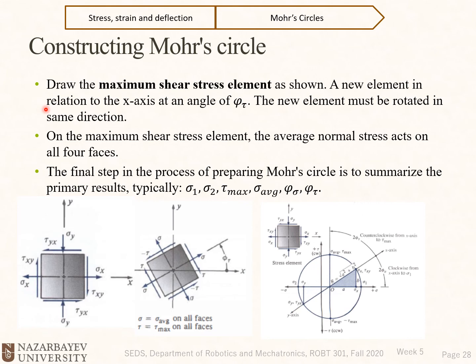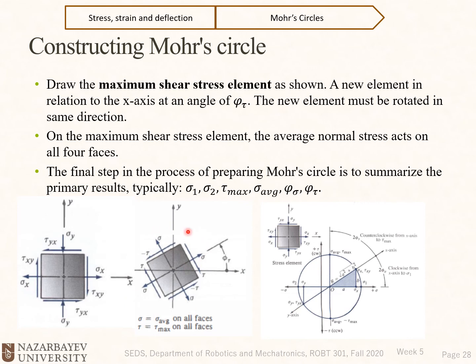The new element must be rotated in the same direction. You see that this is the new element. On the maximum shear stress element, the average normal stress acts on all 4 faces. So the value at the center of Mohr circle, O, is acting on all faces.